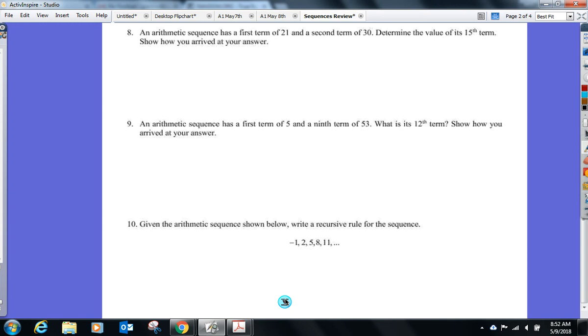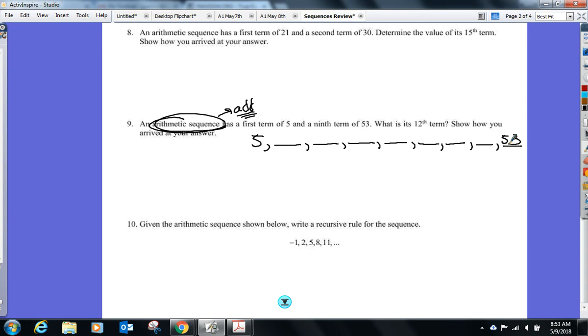That tells you in your mind, what are you doing, adding or multiplying? I'm adding something. Let me see if I can, let's see. First term's 5, second term, 3rd, 4th, 5th, 6th, 7th, 8th, 9th term, 53.